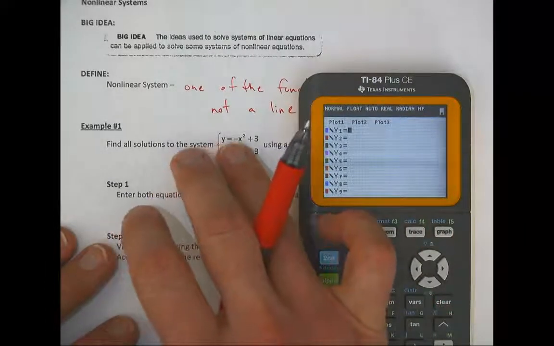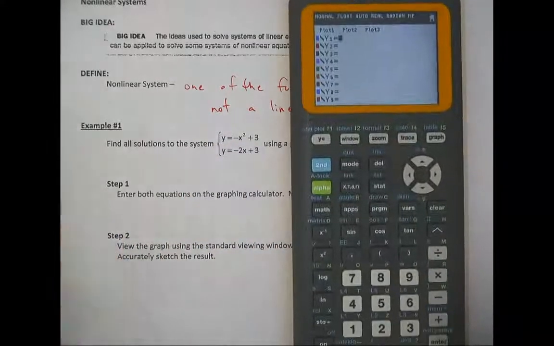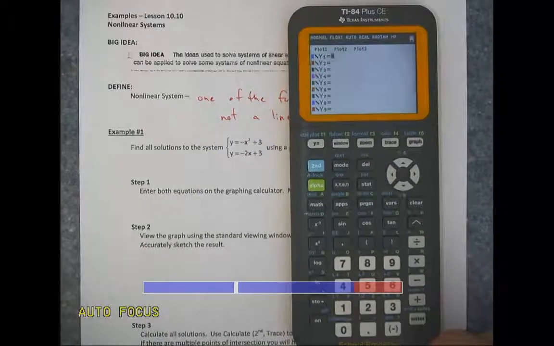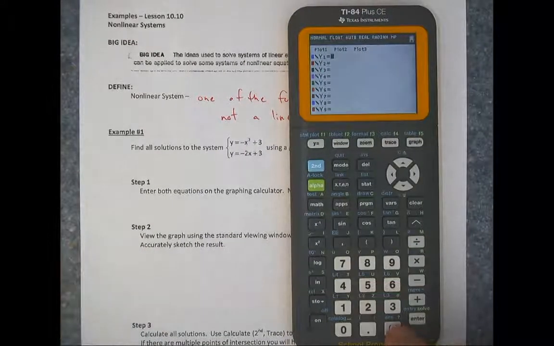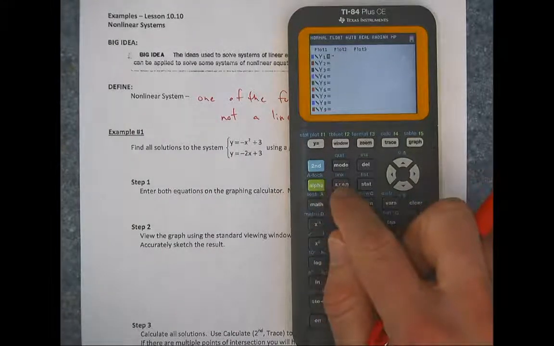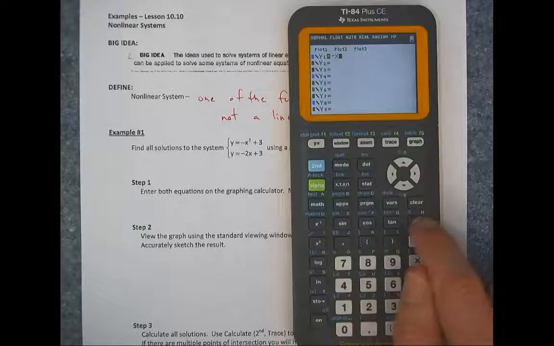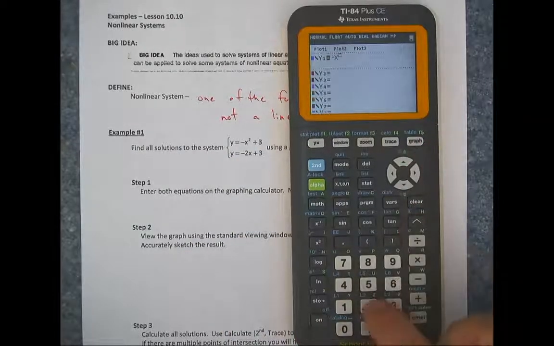And so if y equals negative x squared plus 3, I'm going to type this in. Let me make sure you can see the whole calculator here. So my negative button, you can't use a subtraction. You got to use the negative, so not subtraction. Negative. X is right next to the green button right here. And then if I'm going to square it, I can hit the squared button or I can hit raise to the second. Both will work.